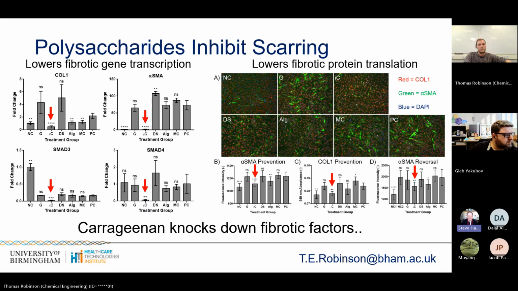And to make a long story short, essentially what you can see is that iota-carrageenan in particular, again, if you can remember from that diagram I showed you, collagen bad, alpha SMA bad, and those SMADs are the internal transcription markers of those. It downregulated all of them really quite significantly. And then we also looked at the, so that's through PCR, which looks at genetic changes.